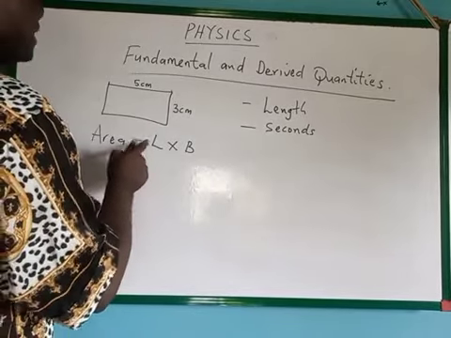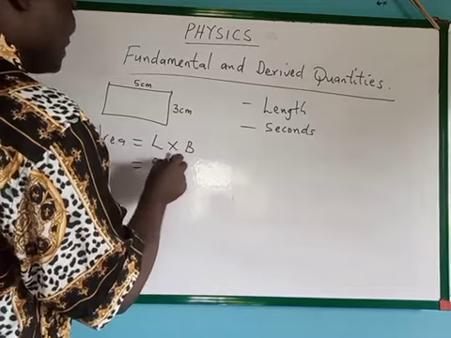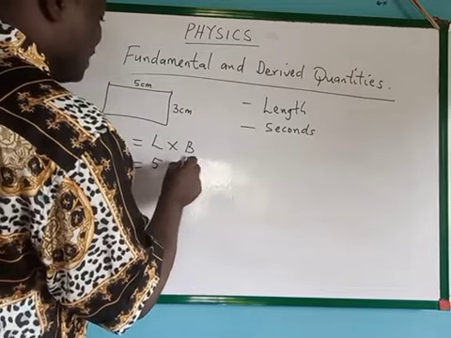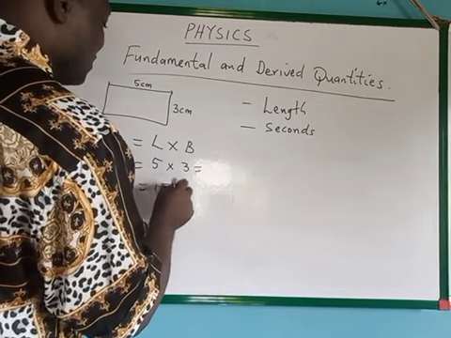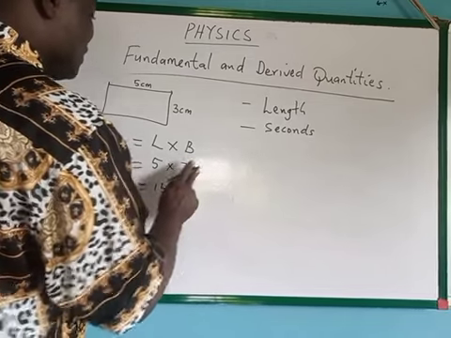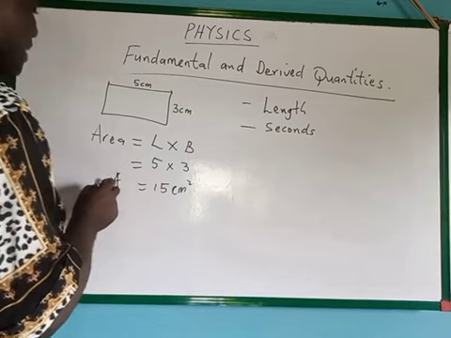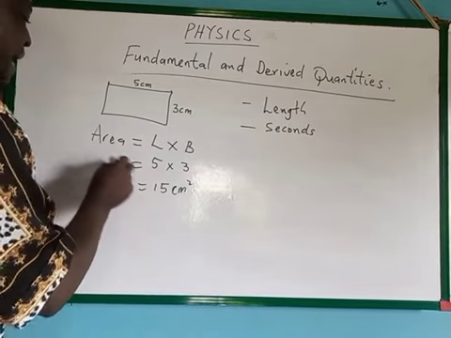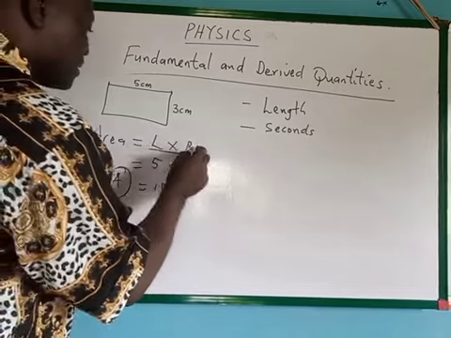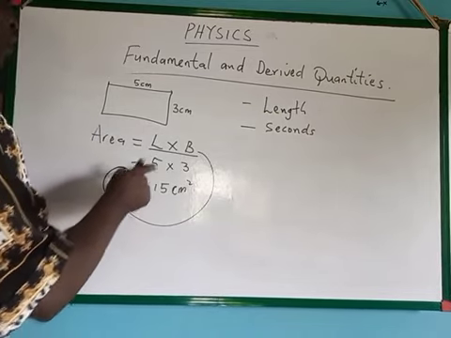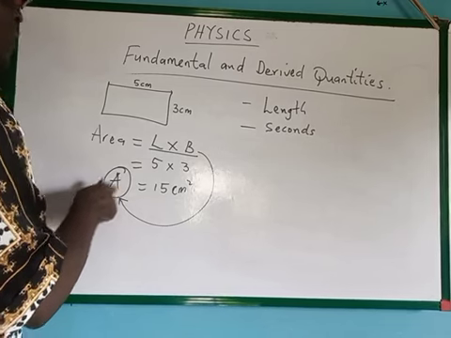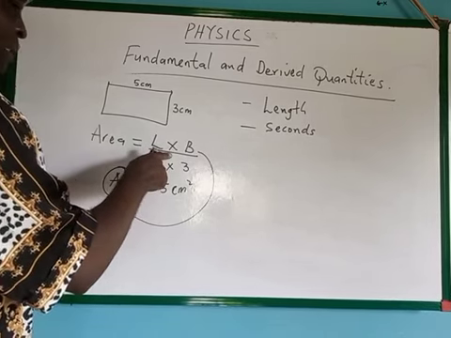Then if I multiply and I have 5 times 3, that will give me 15 centimeter square. So this is now the area. It shows that I have used these fundamental quantities to get this one area. So this is a derived quantity from the fundamental quantities.